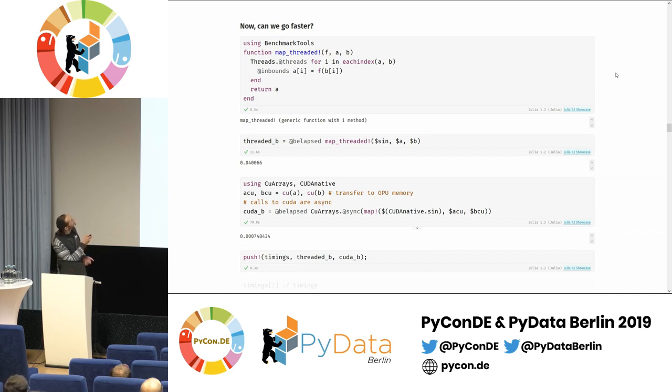But yeah, you can just make a loop threaded with this macro and be even 2 times faster than the fastest Julia before. And since Julia has a very nice GPU integration, you can even easily move things to the GPU and then call the already existing map function and be even faster after that.